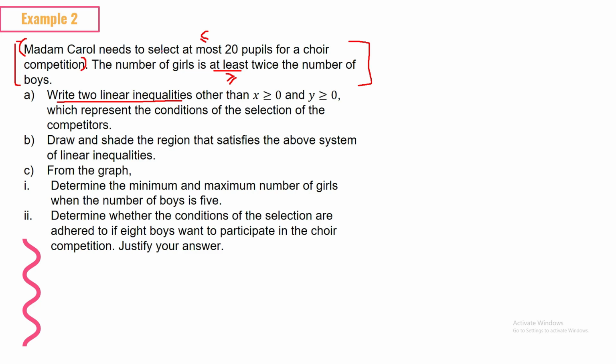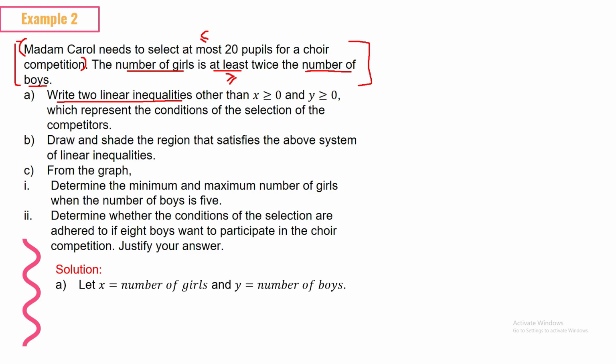And then we need to determine what the variables are. The main focus in this example is the number of girls and the number of boys. So we let x equal the number of girls and y equal the number of boys.